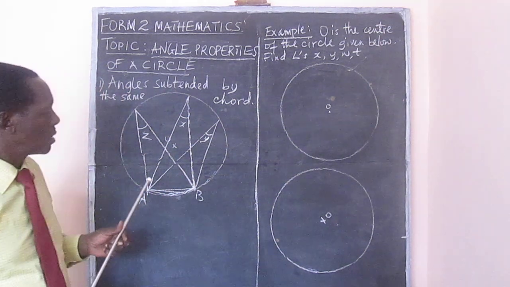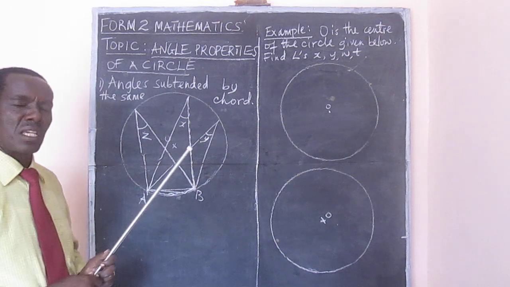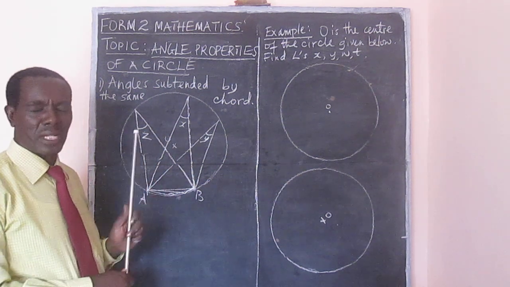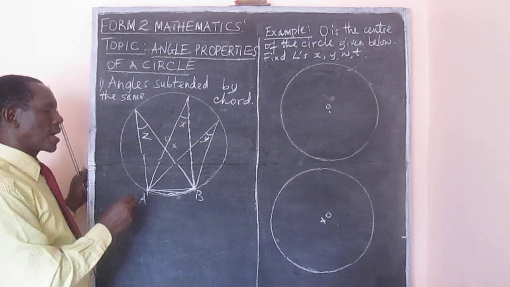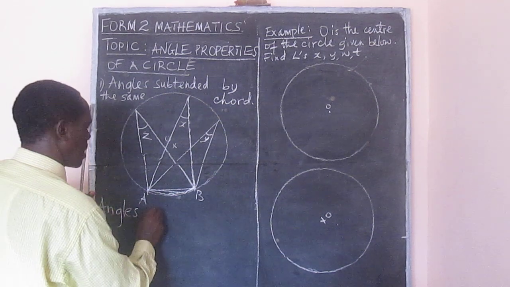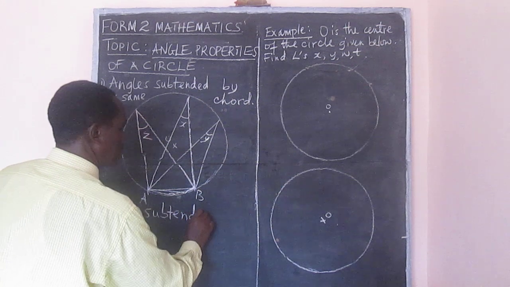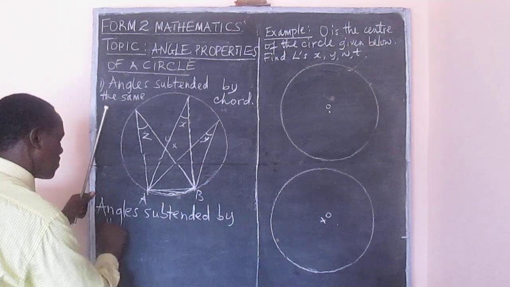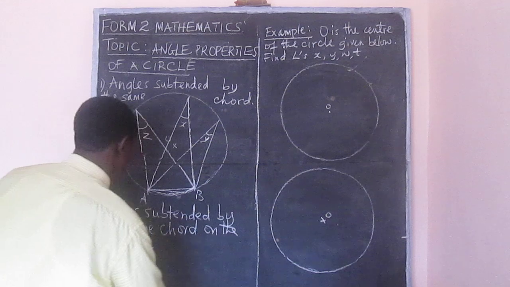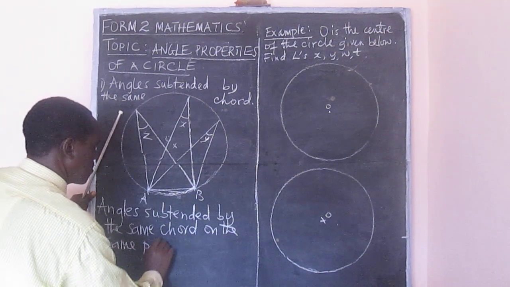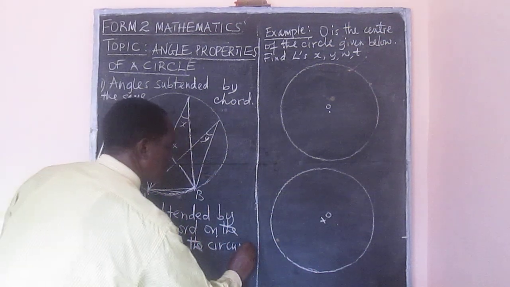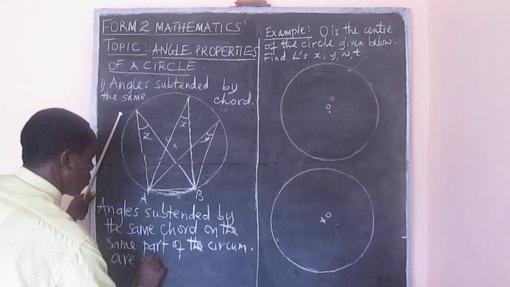If you have drawn your circle accurately and you measure the angles accurately, you should find that angles subtended by the same chord on the same part of the circumference are equal.